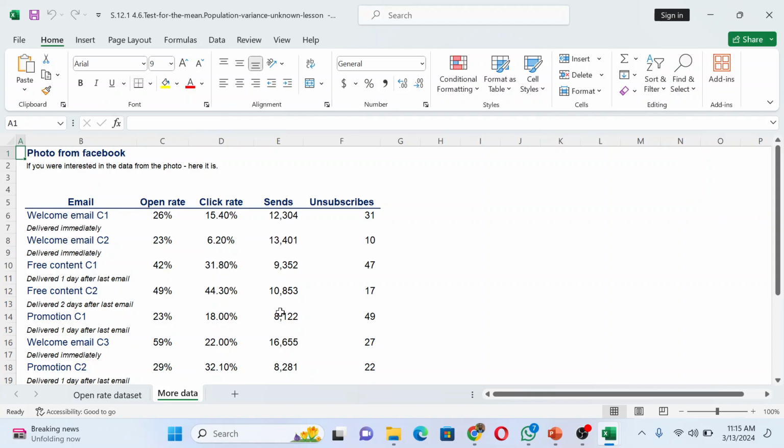In companies, we do have various marketing methods, right? So you run an email marketing campaign.